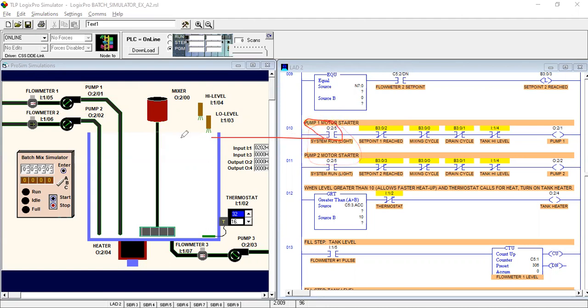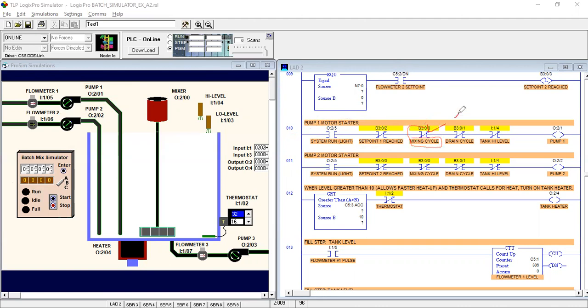After that we have set point 1. This is our binary bit, our internal bit, and this is the mixing cycle.